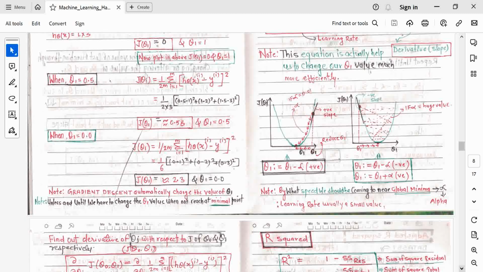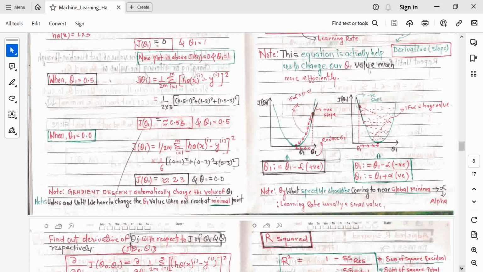So as per these calculations, this is J of theta, called the cost function, the output function of theta 1, and we have to change the value of theta 1 until we find the global minima, which gives the best fit line. So over here, theta 1 minus alpha times the derivative may be positive.